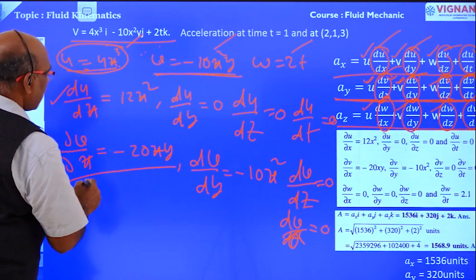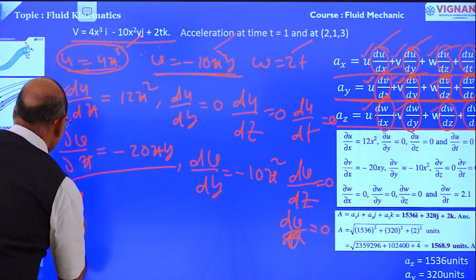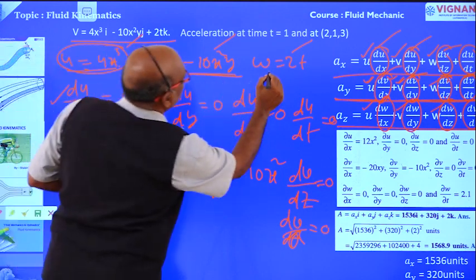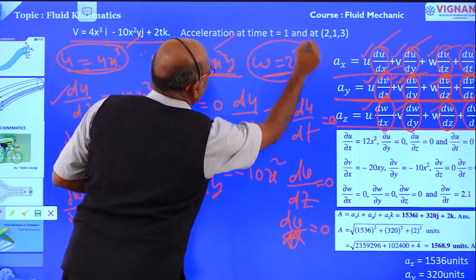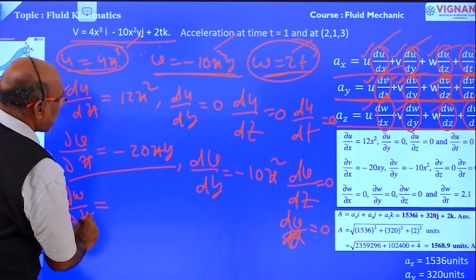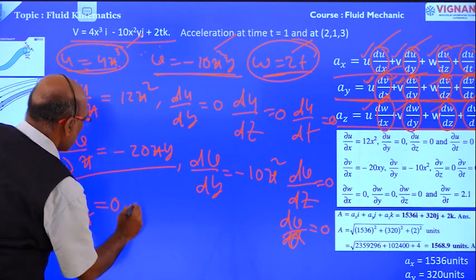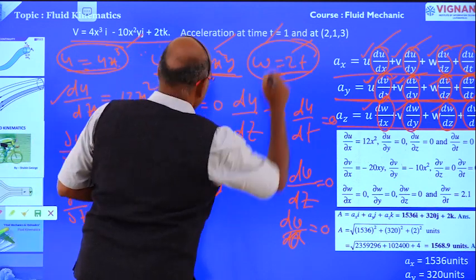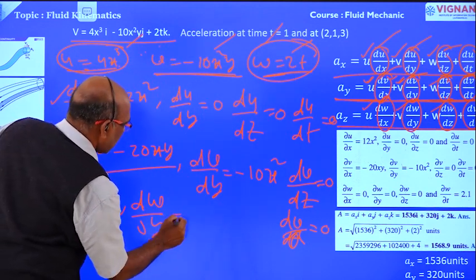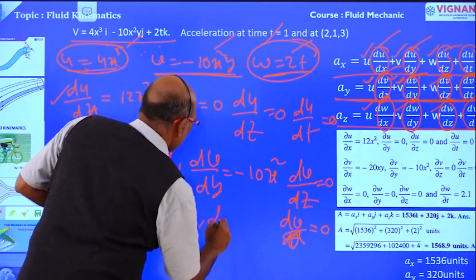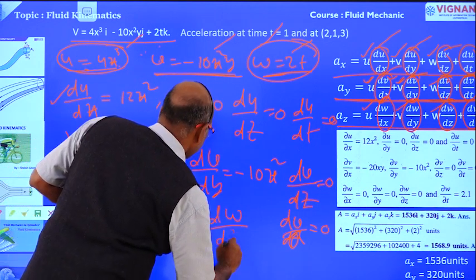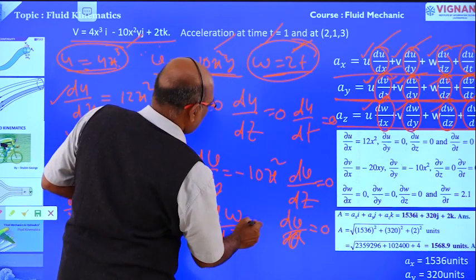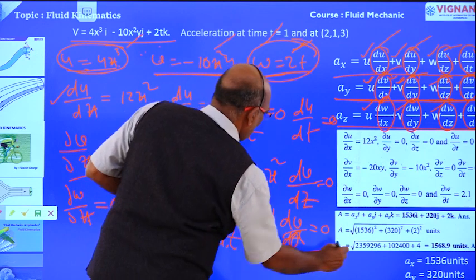Then dw by dx, this is the w 2t, this equation differentiate with respect to x, that is equal to 0, and dw by dy, differentiate with respect to y is equal to 0, and dw by dz, differentiate with respect to z, that is also 0.